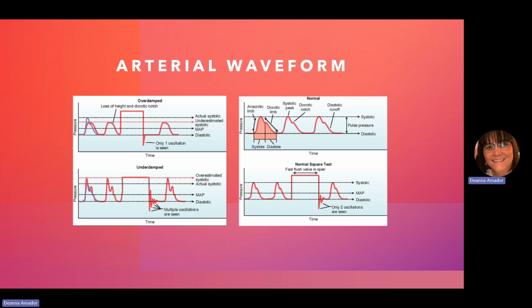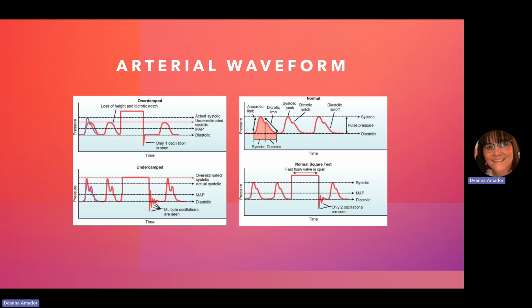It's important that the insertion site be monitored for bleeding, and the area distal to the site be monitored for adequate perfusion. So we would be doing CMS checks, looking at color, warmth, capillary return, movement. We would want our capillary refill to be less than 3 seconds.